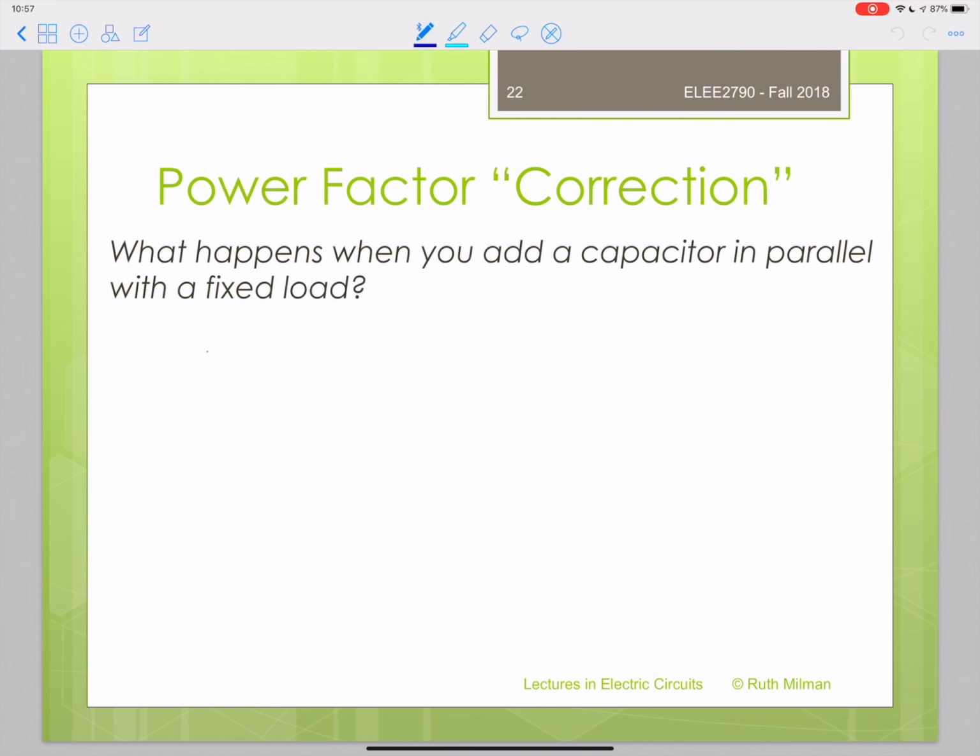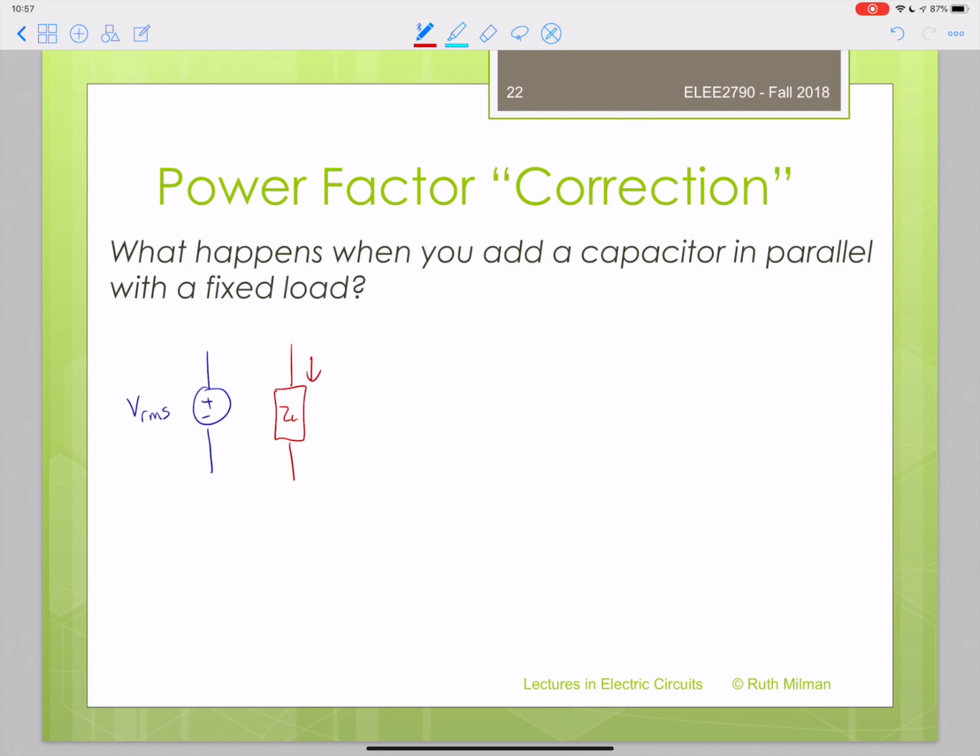So let's consider a load. Here we have a load. It has a value of V. We're going to give that value of V in RMS, and we're going to assume that we start out with this, but we have the ability to change that voltage. We then talk about our load. Our load has a fixed requirement.